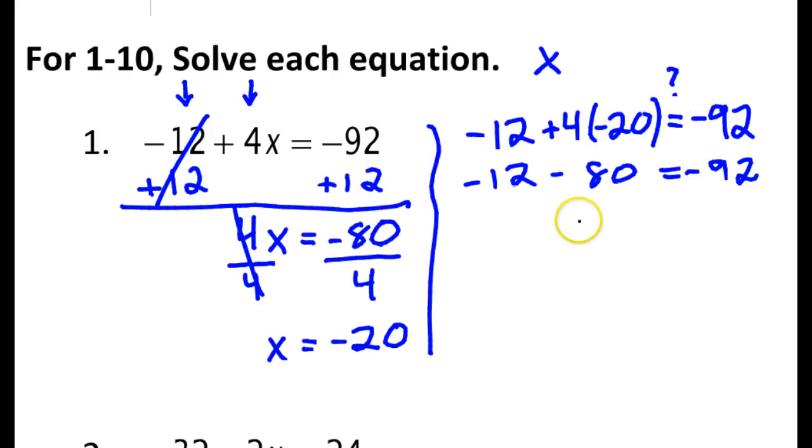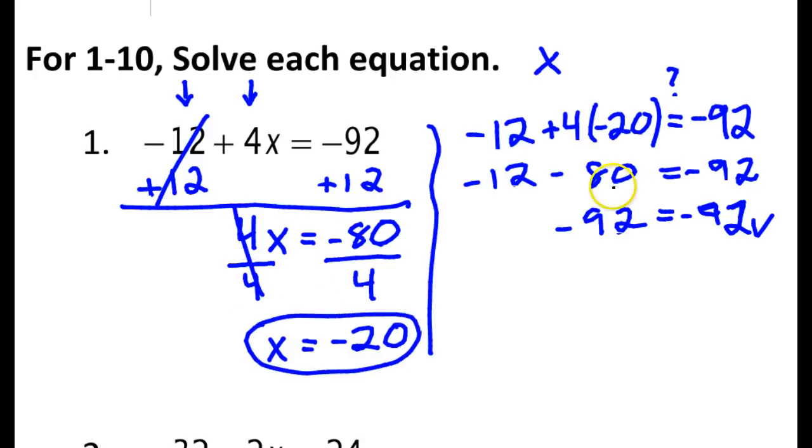And as we can see here, yes, you get the same thing on both sides. So that means our answer is correct. It checks out. If I got a different answer on each side, then I know my solution would be wrong. So you want to do this for as many problems as you have time for.